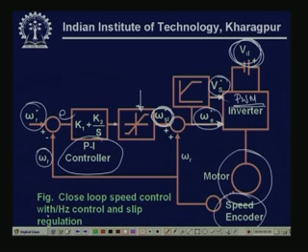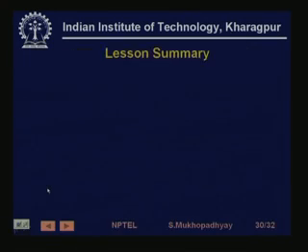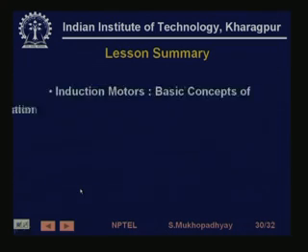So this brings us to the end. Before closing, we will quickly look at the lesson summary. So what did we do today? We looked at induction motors, how they basically operate, looked at synchronous rotating flux, how torque is generated, how braking is done, etc. Saw the torque speed characteristics.